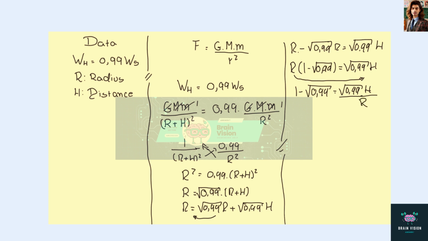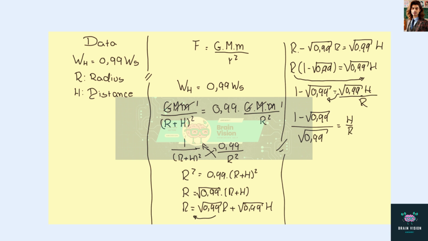Now we send this term to the other side, dividing, to get (1 minus the square root of 0.99) divided by the square root of 0.99 is equal to the ratio h divided by r.